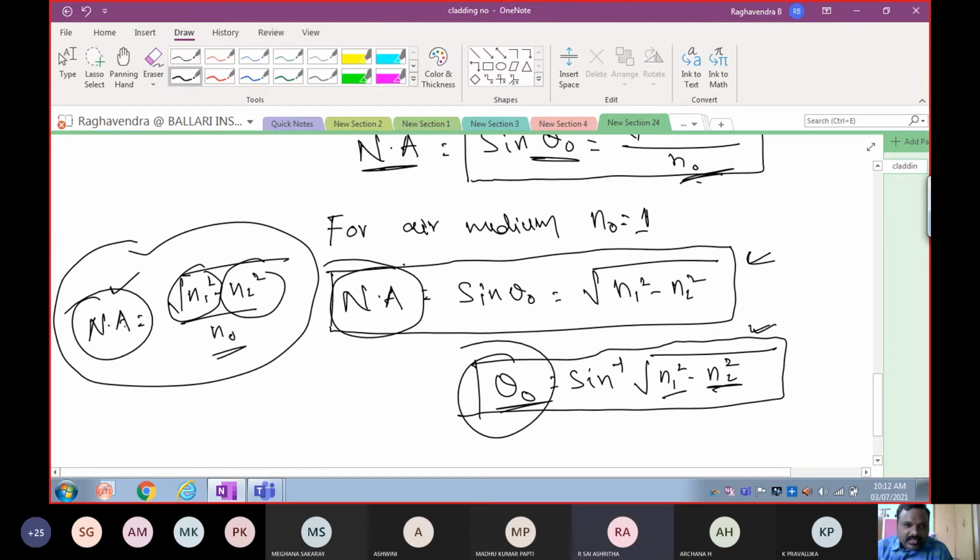The light gathering ability of an optical fiber is what we call numerical aperture, or sine of acceptance angle. Tell me what is acceptance angle?